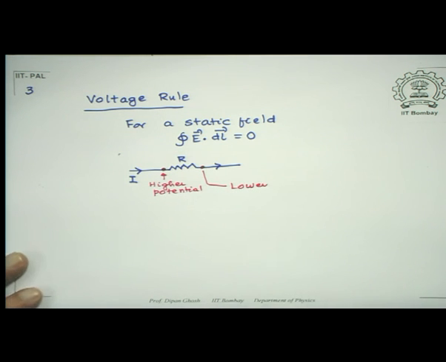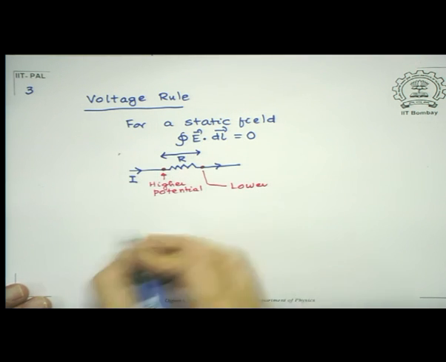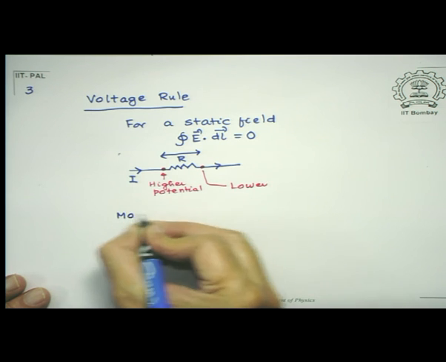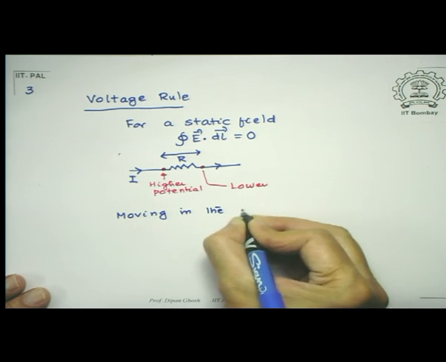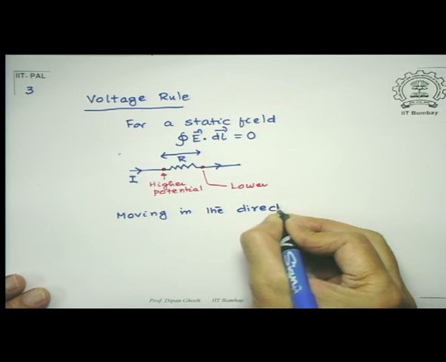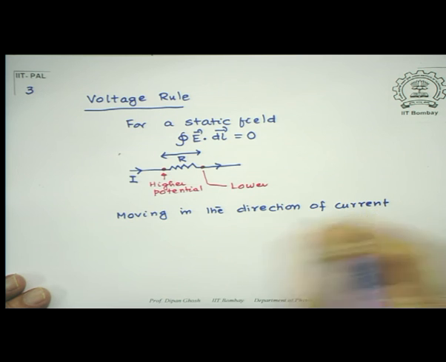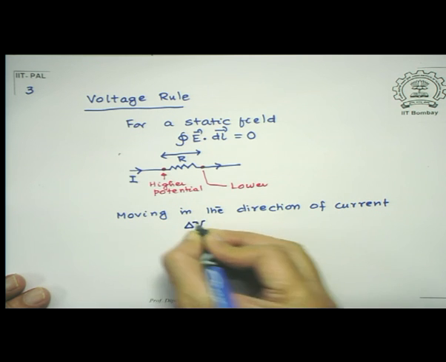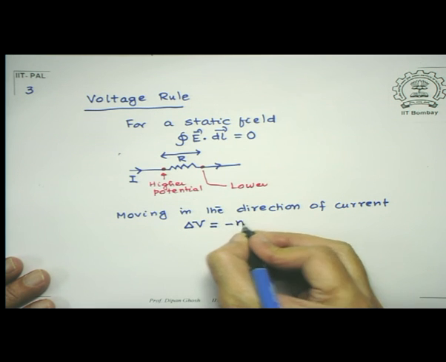So if you are moving in the direction of current, then the potential drops as you move. So moving in the direction of current, the change in voltage, delta V, is negative.